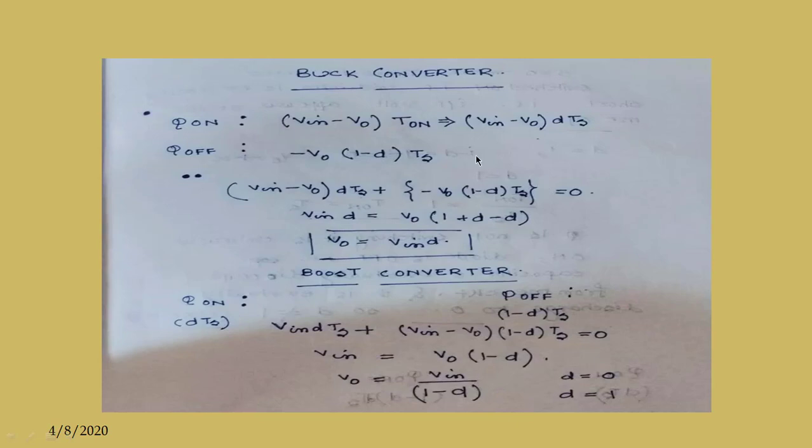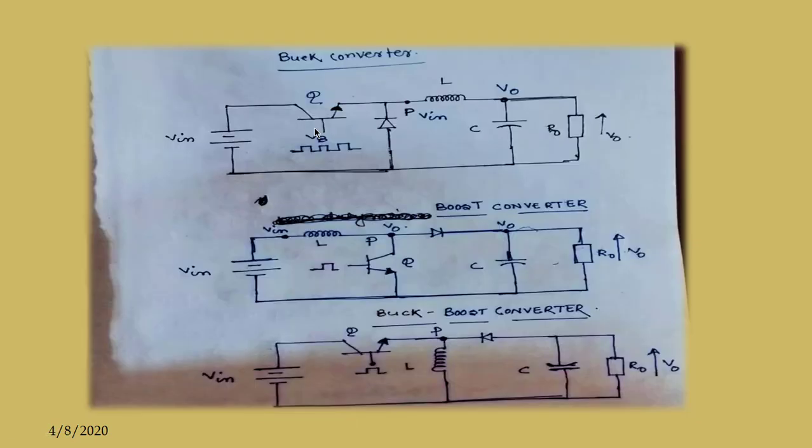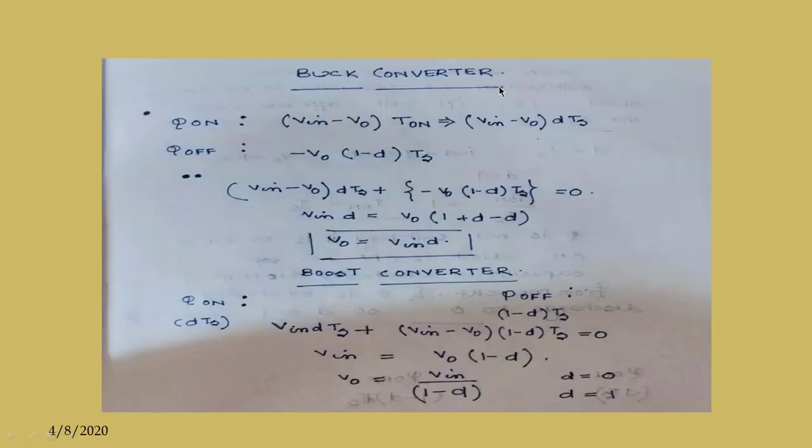Now we know that the voltage across this inductor is VL equals V in minus V0. In mode 2, when this transistor is switched off, V in equals 0, so 0 minus V0, that is minus V0, and that's why it is minus V0.